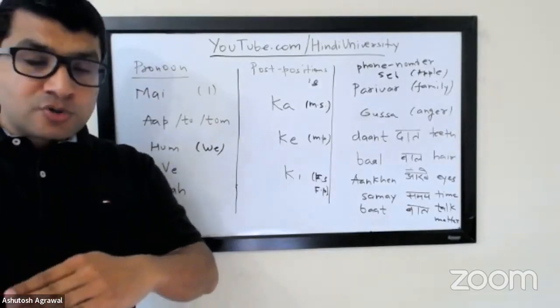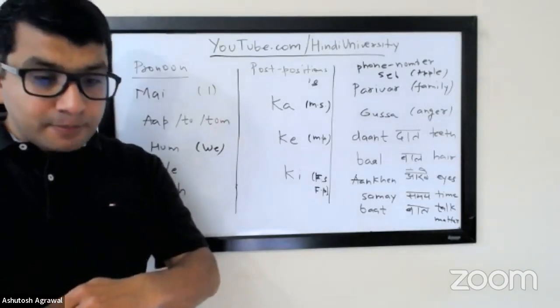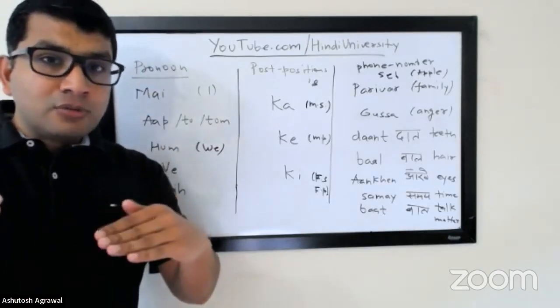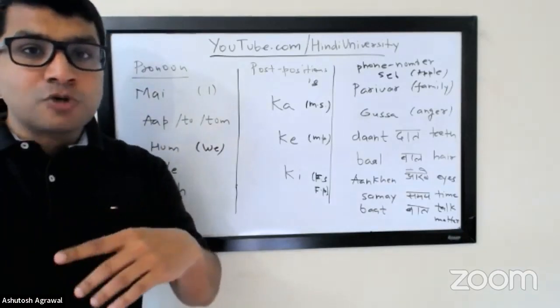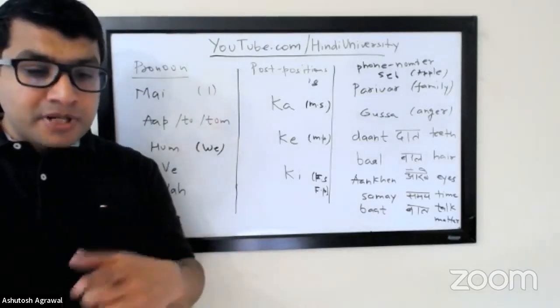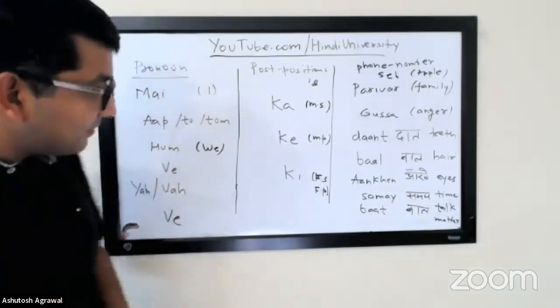But what you said was मेरी आंखें, and after that you have a postposition में. Because of that, both the pronoun and the noun after that become oblique case. So मेरी आंखें becomes मेरी आंखों में. Hope it makes sense.